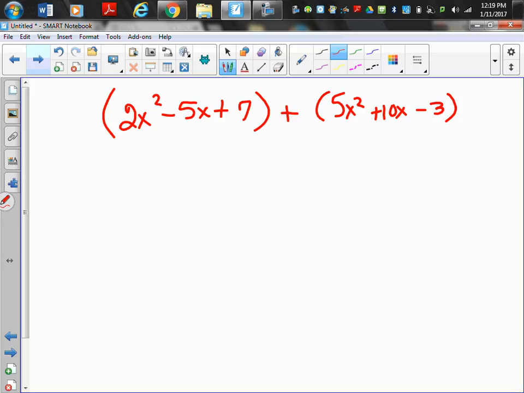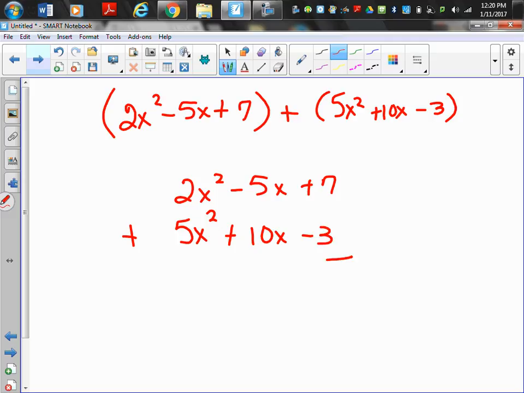That means you put them right on top of each other. So we start with our first one, 2x squared minus 5x plus 7. And I'm adding, you have to put your like terms underneath the like terms. So my 5x squared has to go right here. So that's 5x squared. 10x goes in your x column. Minus 3.